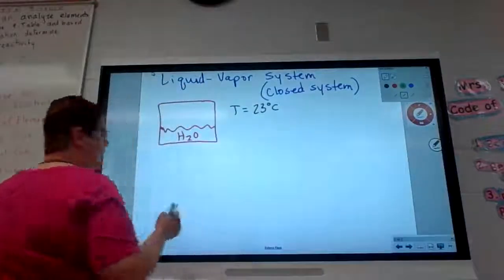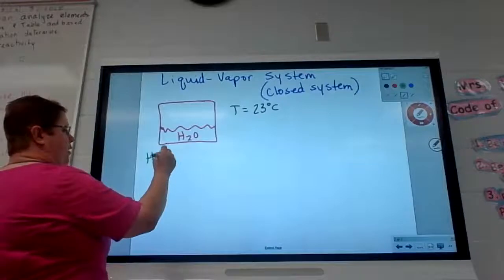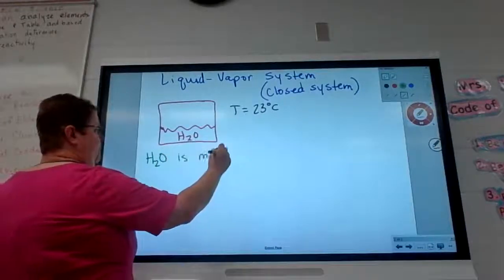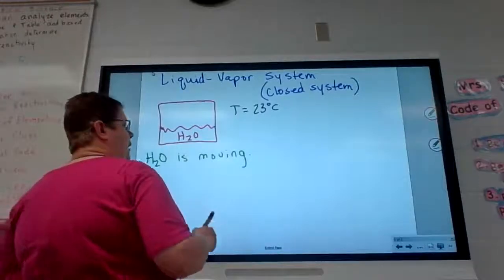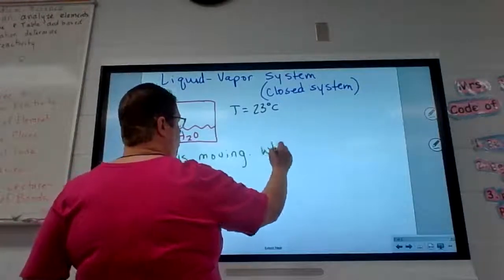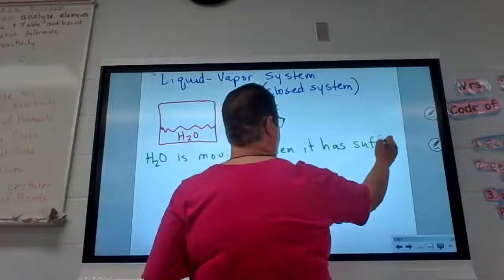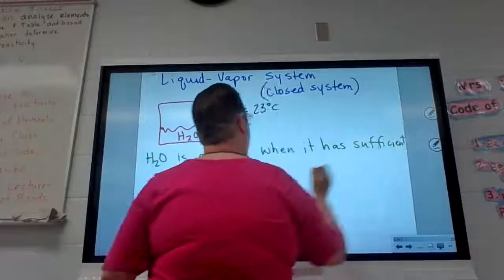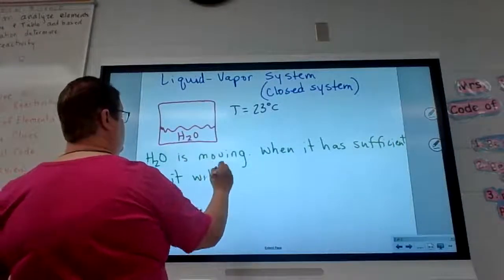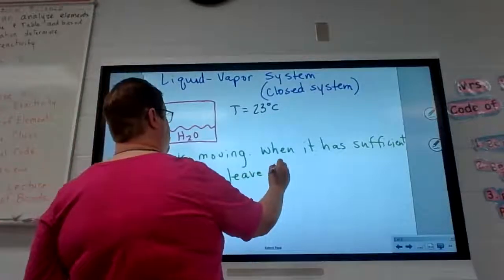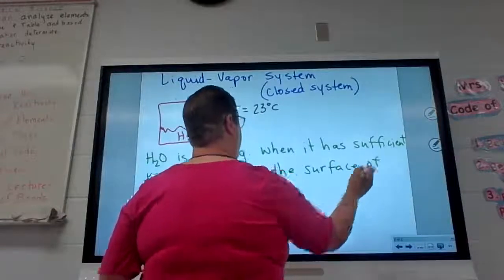That's why. All right, so in a container of water, everybody in here at this point knows that water is moving, right? Now, if the water's moving, when it has sufficient kinetic energy, it will leave the surface of the liquid.